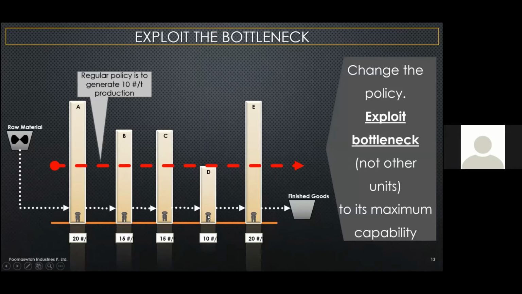This guy is trained to run machine D, and this machine doesn't stop anytime. If this person has to take a leave, there is a standby person available for running this machine. So this kind of exploitation of capacity has to keep happening so that we get some extra capacity available, D plus D1 somewhere.